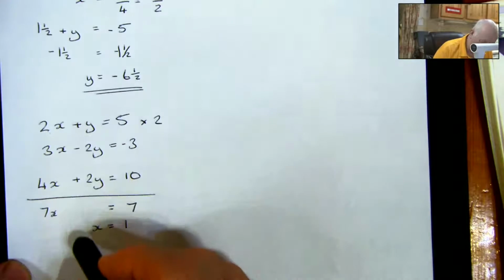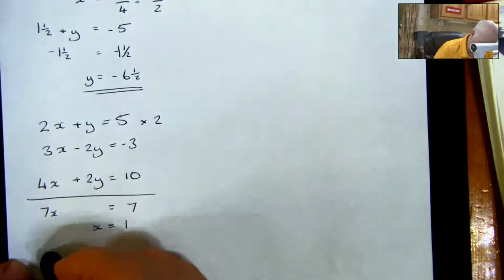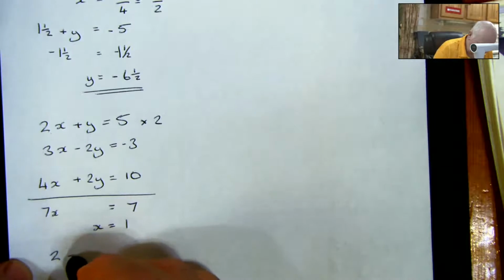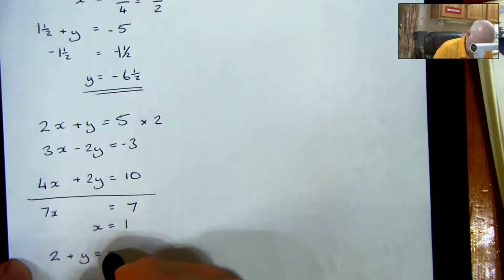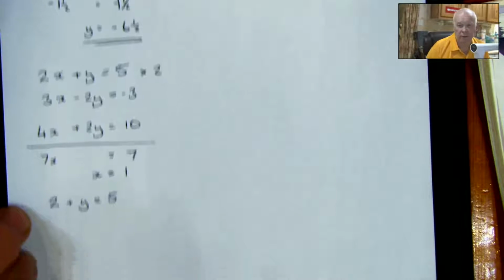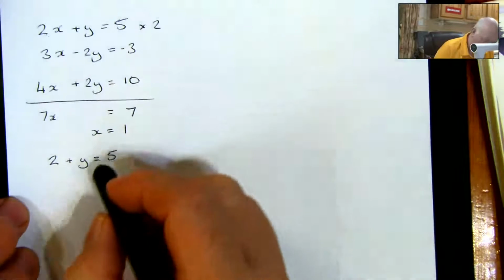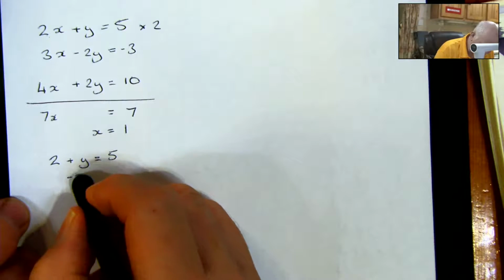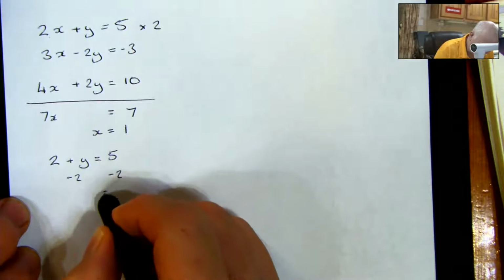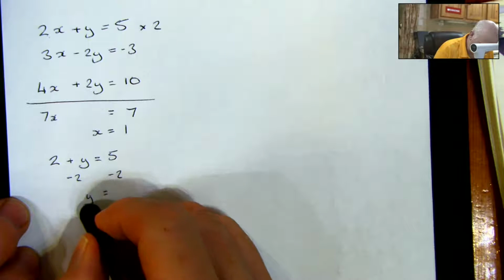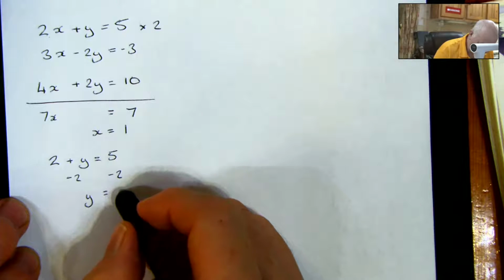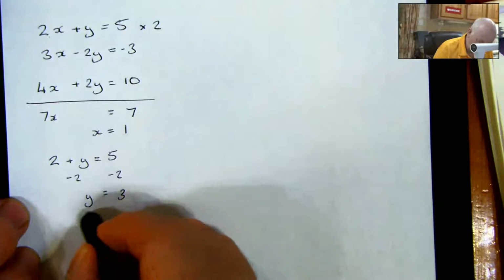So 2x, so that's going to be 2 times 1 gives me 2, plus y equals 5. And if I take away 2 from both sides, I get y equals simply 3.